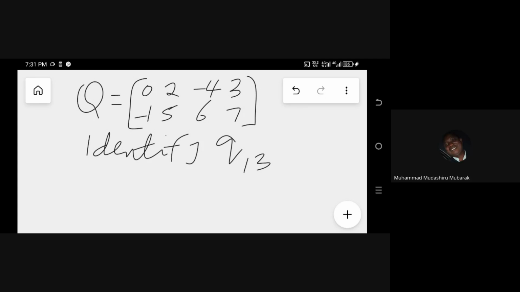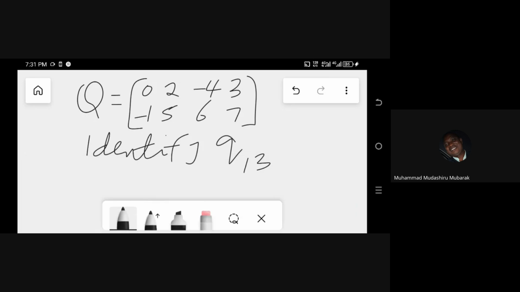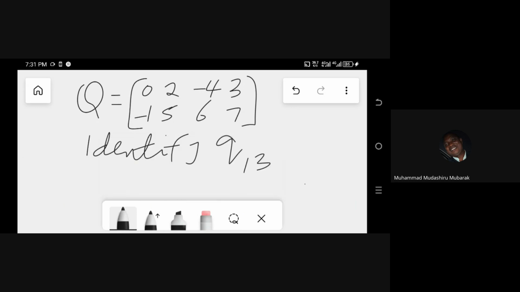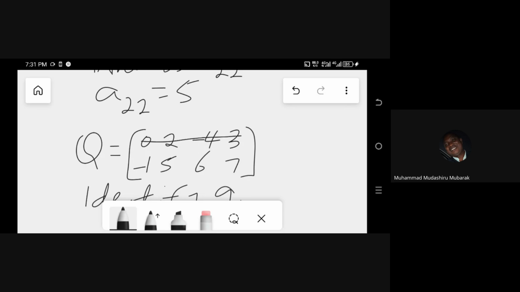-4. -4. Very good. The element in Q13 would be -4. This is because we have row 1. Always remember, you have to read the rows before the columns. Always read the rows before the column. So this is because Q13, that's row 1, column 3.